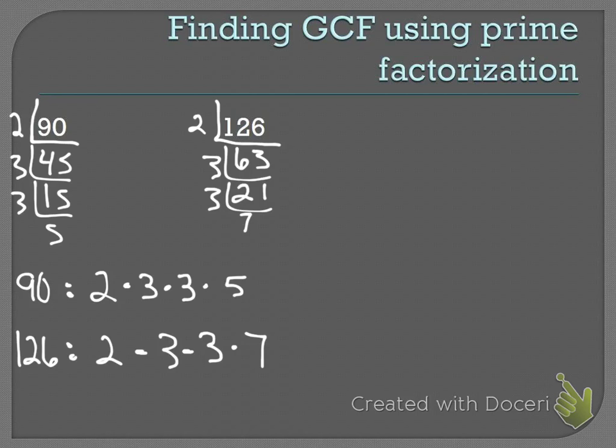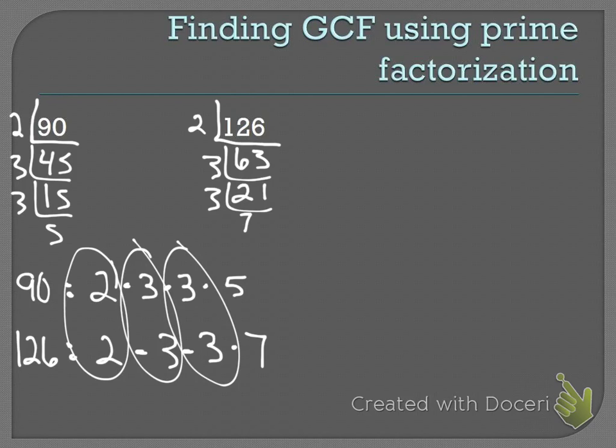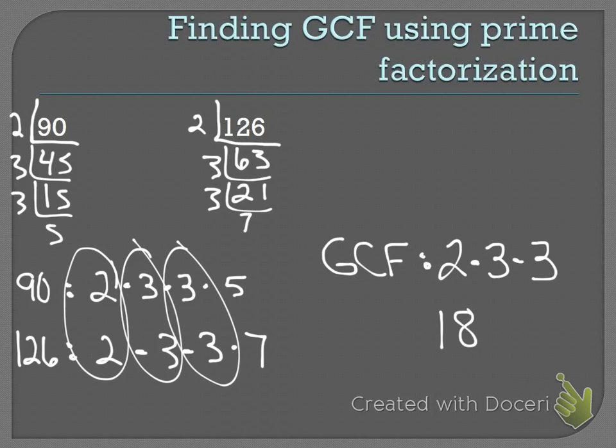But if I'm doing prime factorization, I need to group my common factors, 2, 3, and 3. And for each common factor, I write it one time in my GCF, 2 times 3 times 3, which gives me my GCF of 18. Okay, so that's how I find GCF.